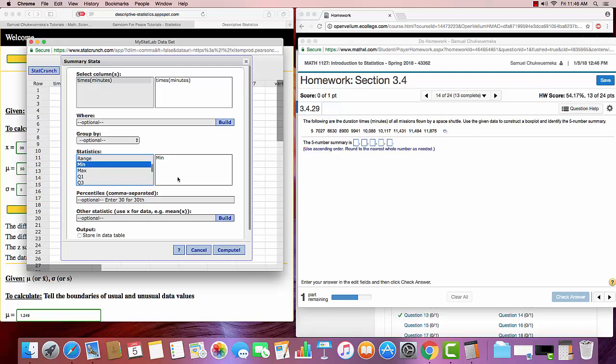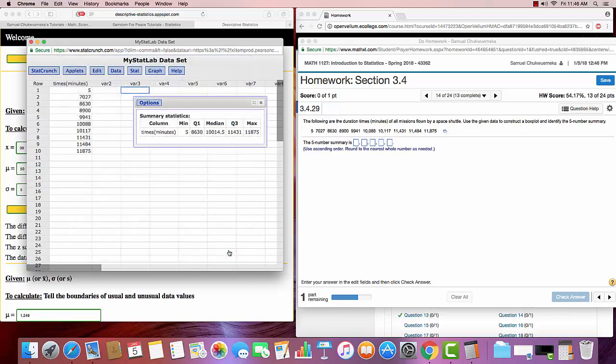The 5-number summary is the minimum, then the first quartile, Q1, then the median, which is Q2, or the second quartile, then the third quartile, and then the maximum. This is the 5-number summary of data. And you just click compute.